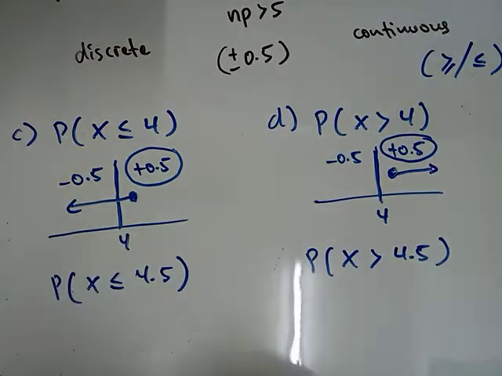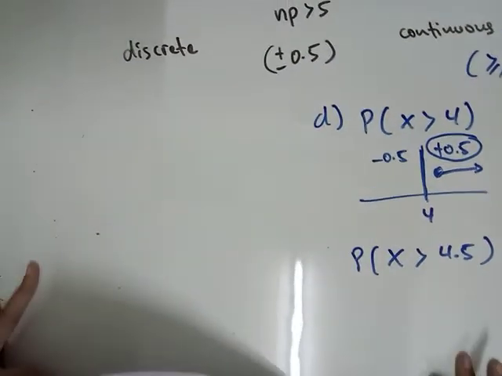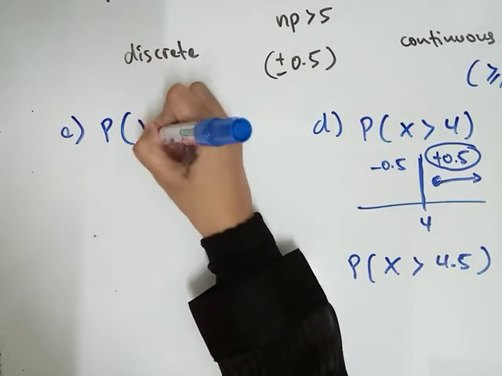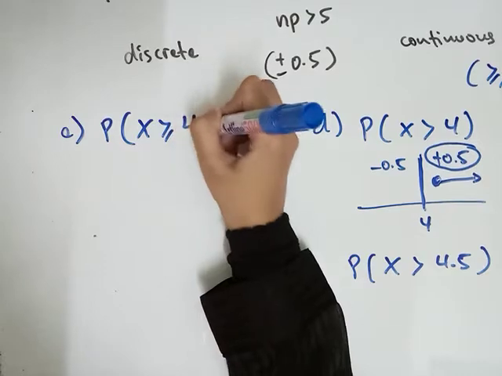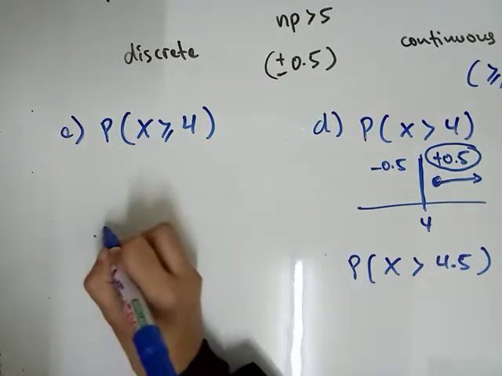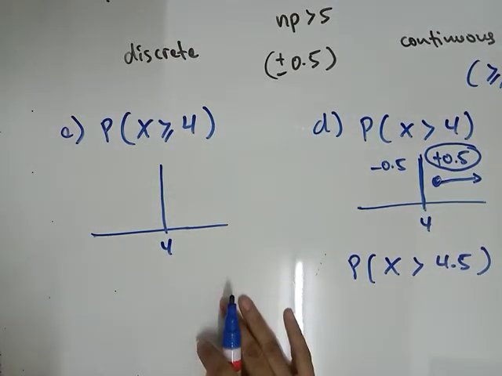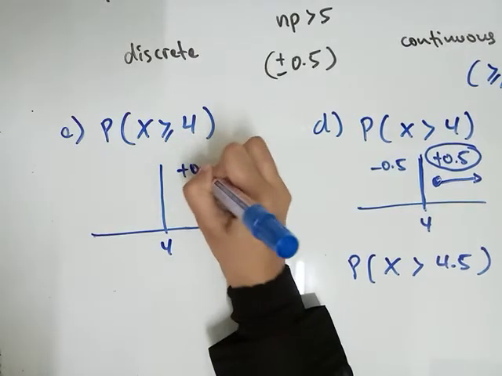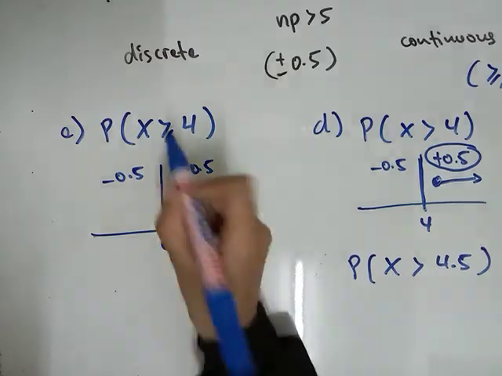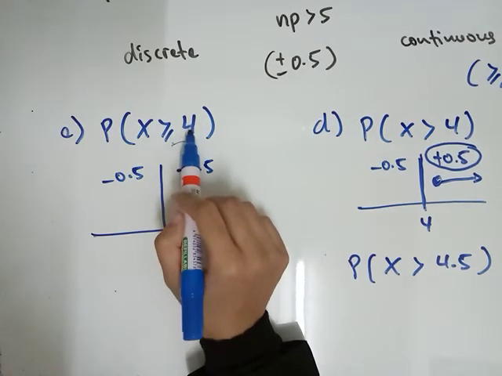How about E? So E is about probability X more than and equal 4. Okay, more than equal 4. Then draw the line. Okay, and then this one is plus 0.5, this one is minus 0.5. Okay, so when the sign is more than equal 4, that means 4 include.